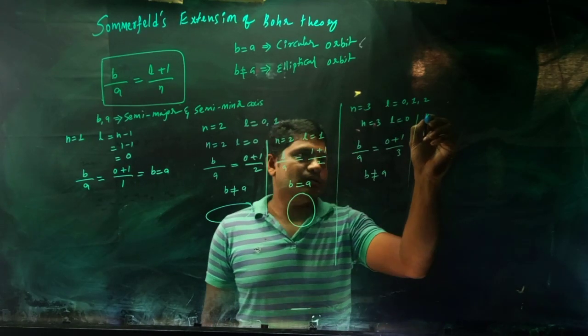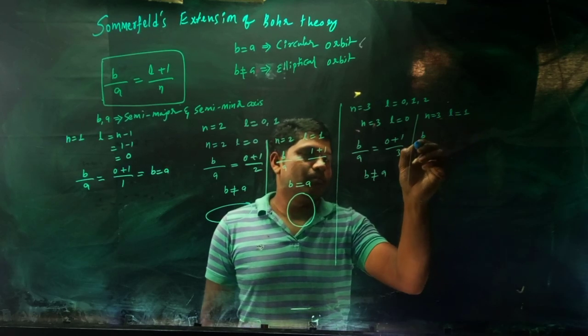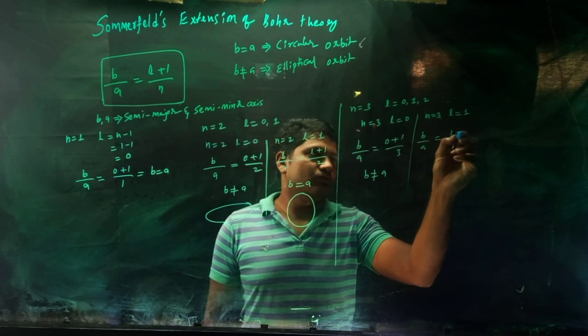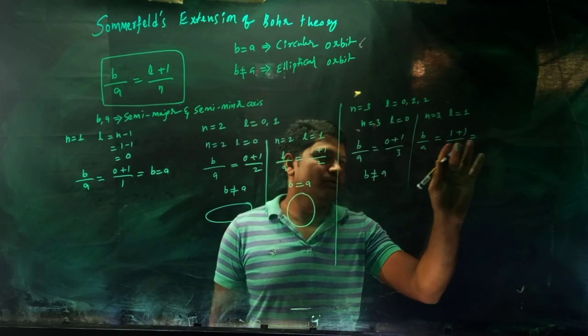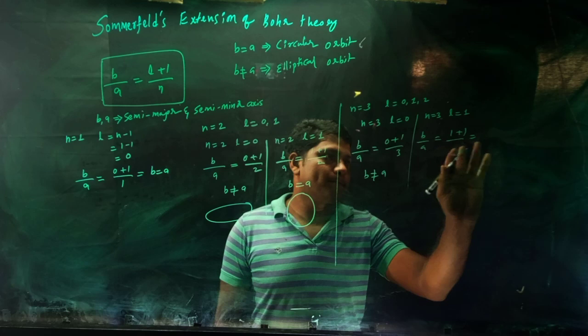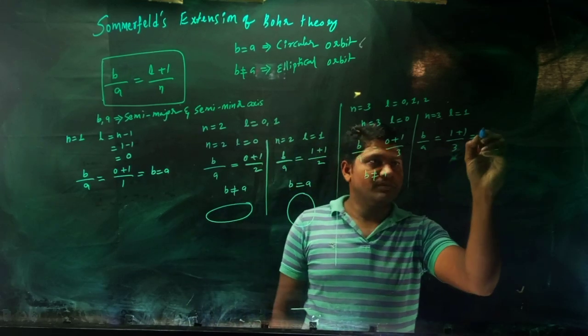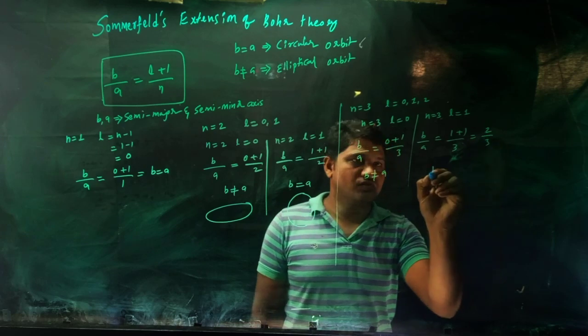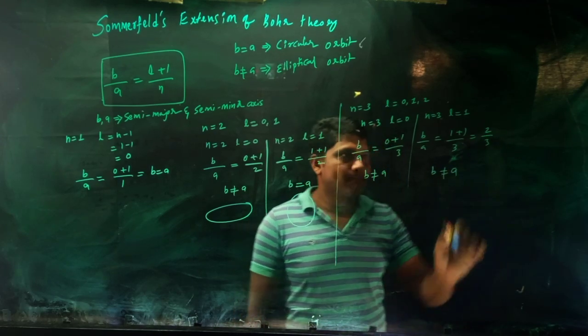Second, n equals 3 and l equals 1, b by a equals 1 plus 1 by 3, that is 2 by 3, so b is not equal to a.